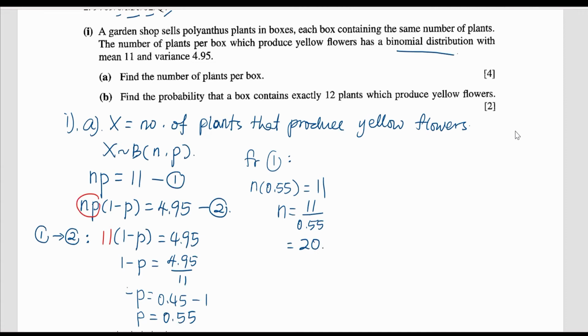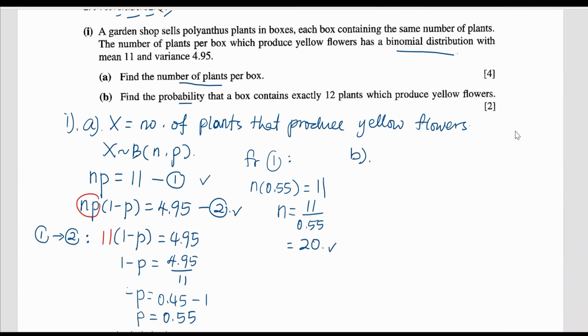So we managed to determine the number of plants per box is 20, by using the mean and variance formulas and solving them simultaneously. Okay, part A found.